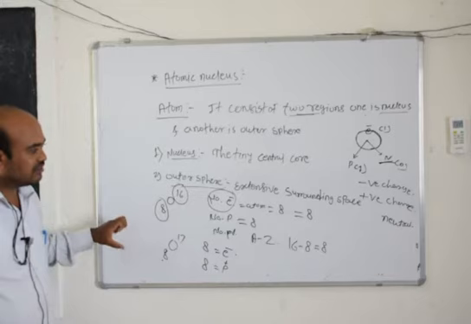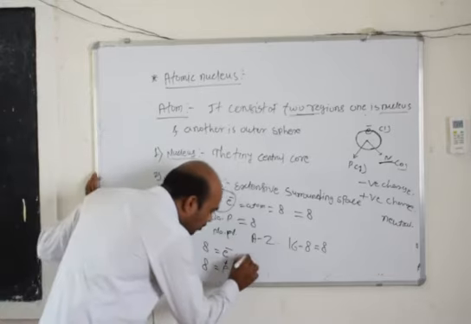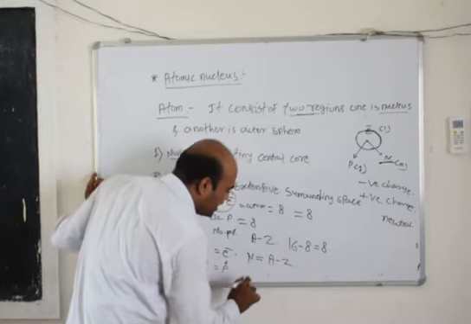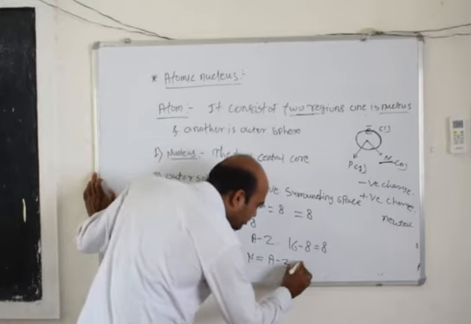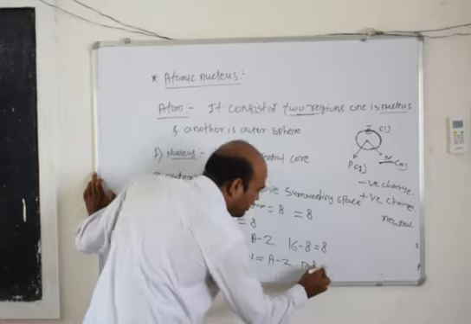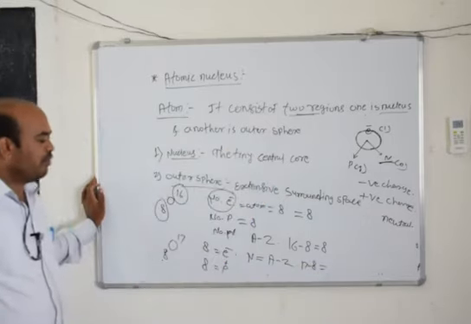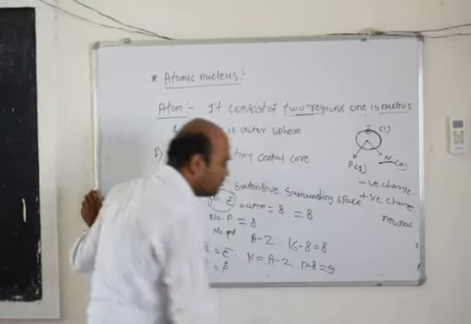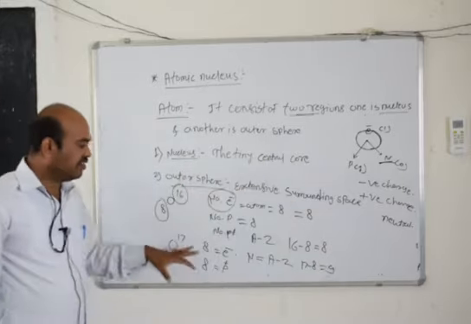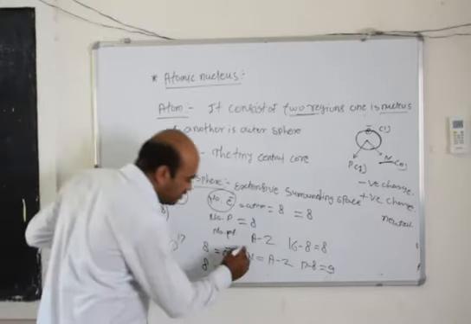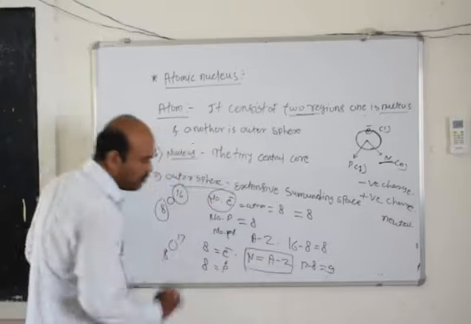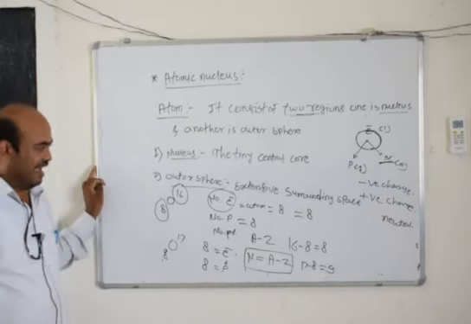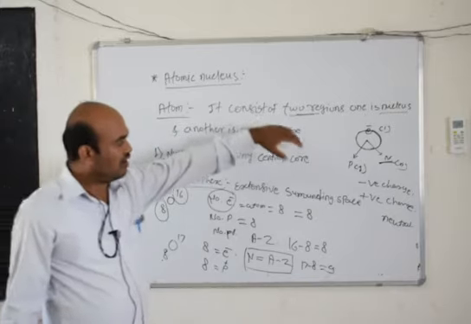The difference is in the number of neutrons: A minus Z is 17 minus 8, so the number of neutrons is equal to 9. This formula is most important to calculate the number of neutrons in all atoms.